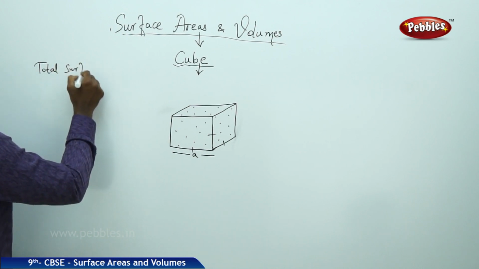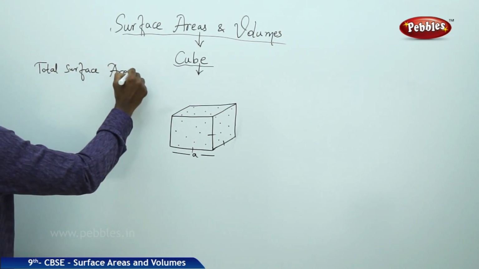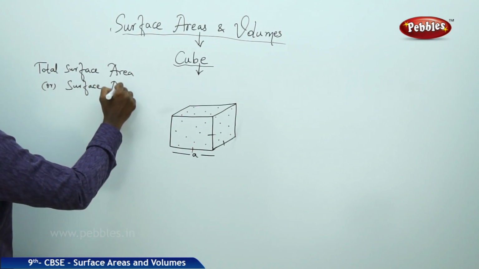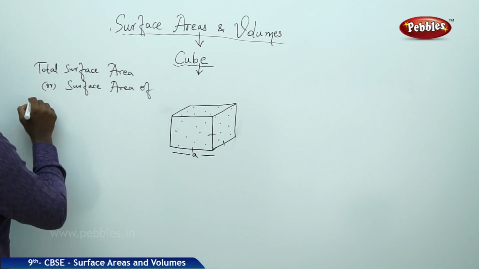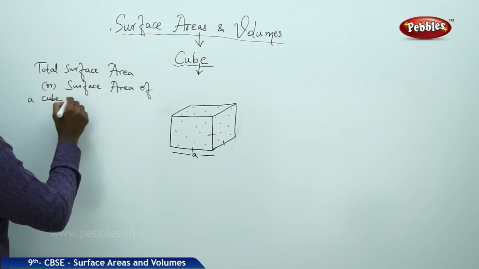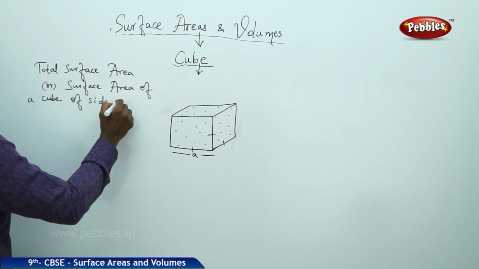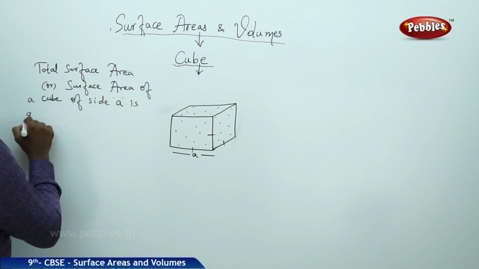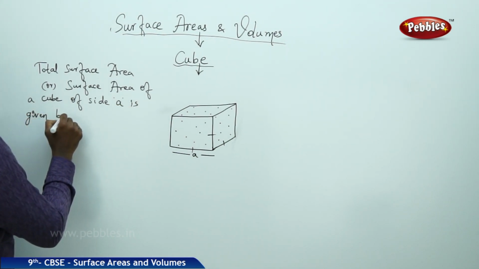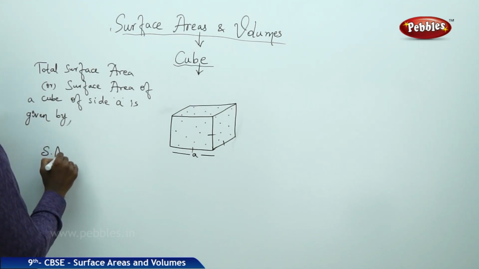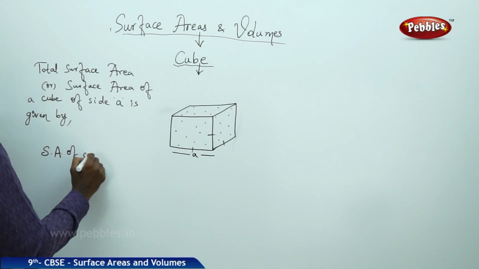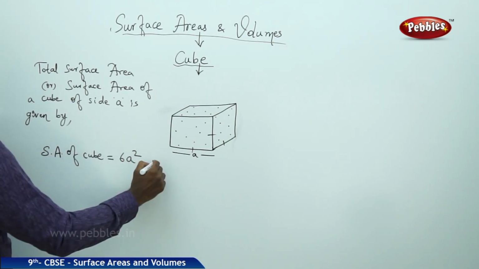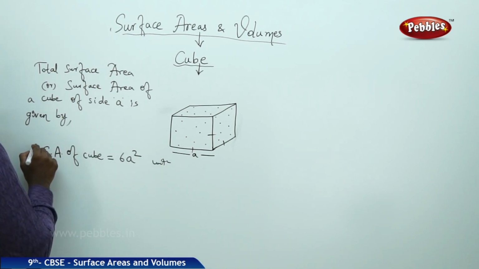The total surface area, or simply the surface area of a cube of side A, is given by: surface area of cube equals 6a square unit square.